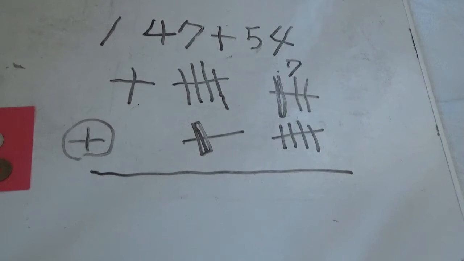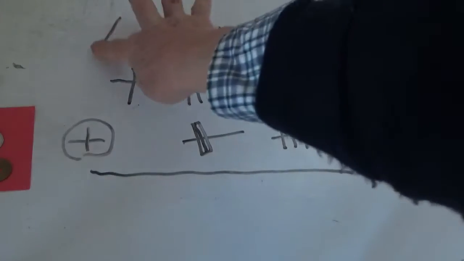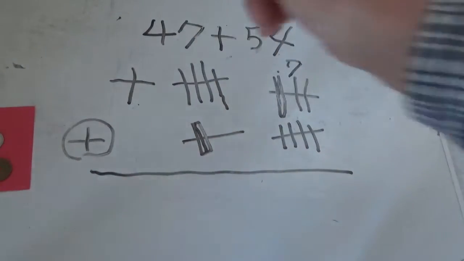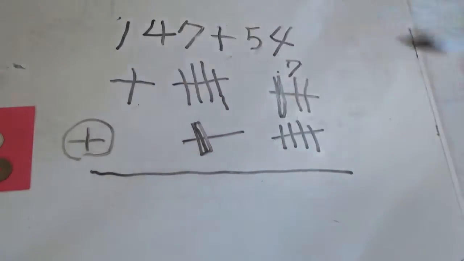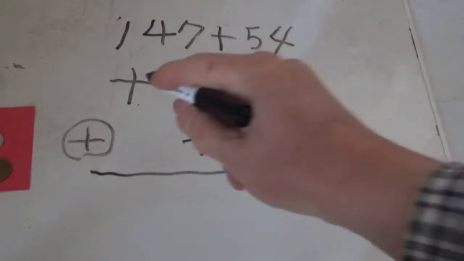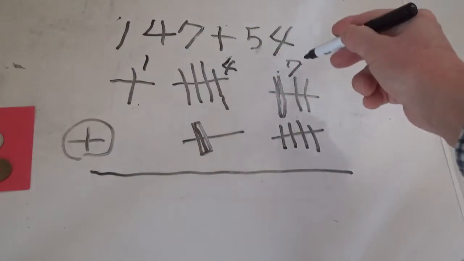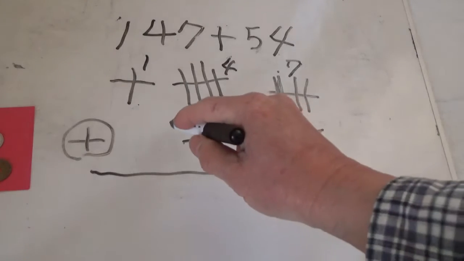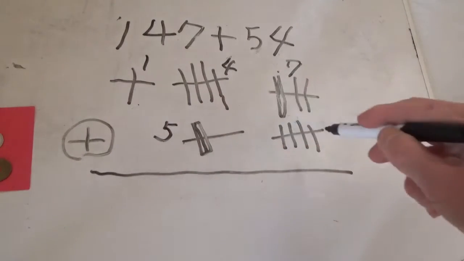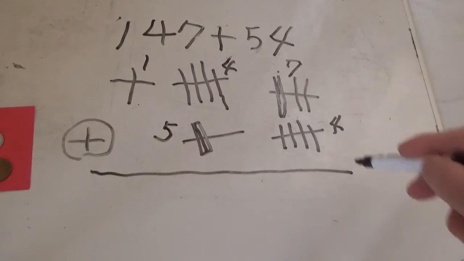Let's try a little more complicated calculation. 147 plus 64. Let's join.